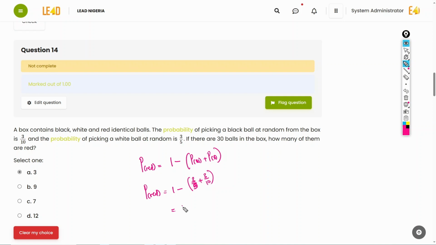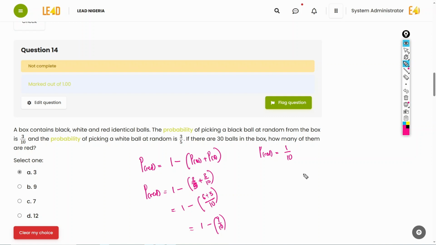So that will be 1 minus, if I add this up out of 10, 6 plus 3, which would be 1 minus 9 over 10, which just gives me 1 over 10, right? So the probability of red is 1 out of 10.